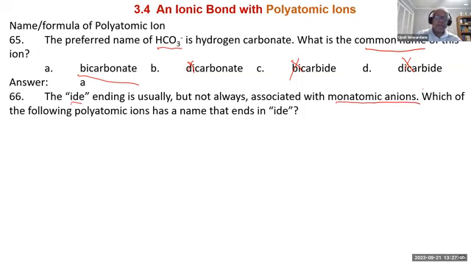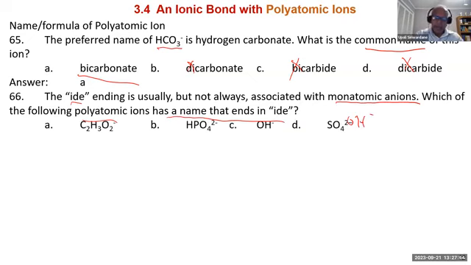Which of the following ions has the name of a polyatomic ion? If you remember, only OH has that name. That's called hydroxide. That's it.